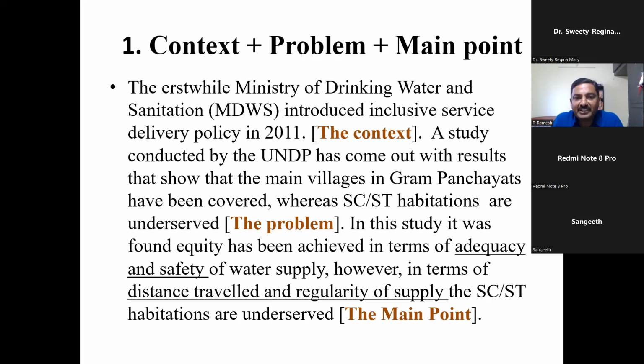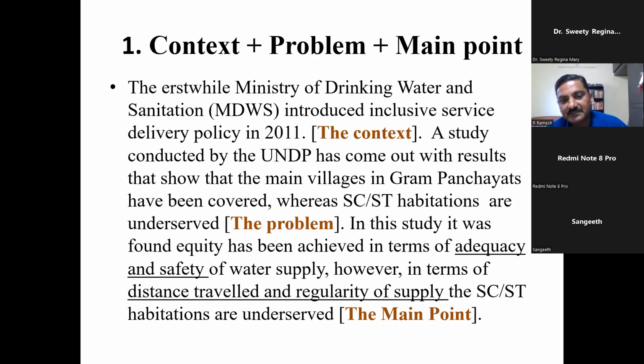The erstwhile Ministry of Drinking Water and Sanitation introduced inclusive service delivery policy in 2011. This is the context, right? This is an abstract I am giving you, abstract of a research paper. And then a study conducted by UNDP has come out with results that show that the main villages in Gram Panchayats have been covered, whereas SC/ST habitations are underserved.